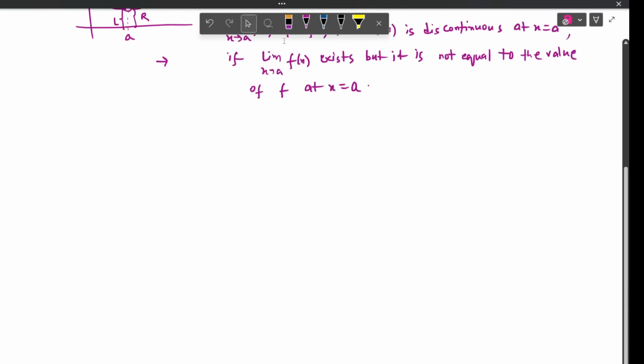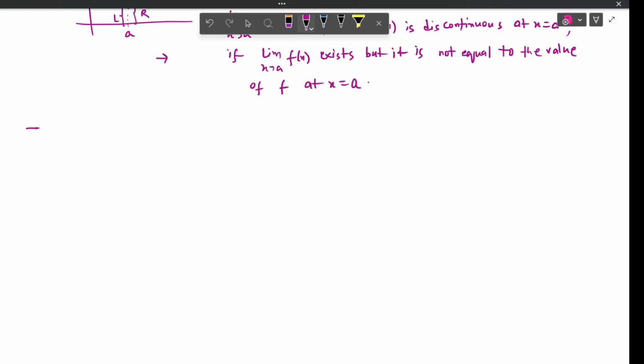Now let us consider another case. Let us now say our curve looks like this. Now this is our L and this is our R, and this is your y equals f(x) curve.